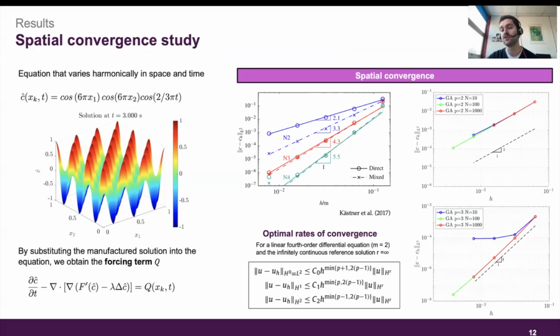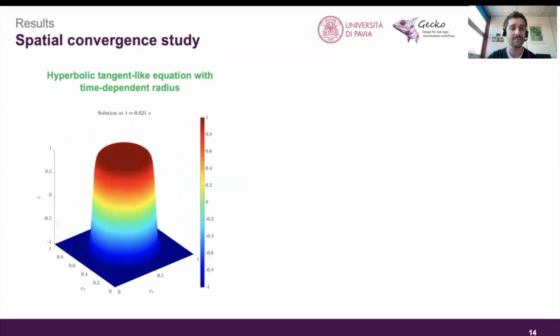So let's say that this is not the most ideal function to study how accurate our adaptive scheme is with respect to our tensor product solution. And so we opted for another type of function, which meets all the requirements in order to carry out this study.